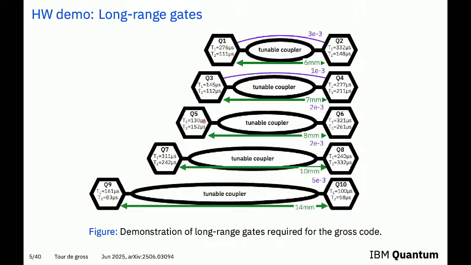In purple here, I wrote the gate fidelities, although this one is missing. I copied these slides from somewhere else, so sorry for the quality as well. I can see that on the screen it's not amazing. But the gate fidelity is still preserved, even over these amazingly long distances.